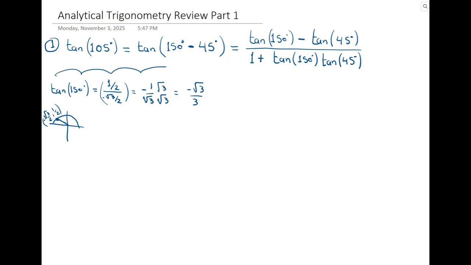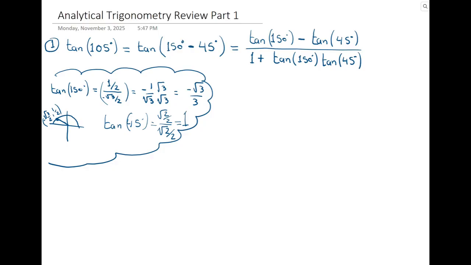So this was really just kind of a let's get ready. And we know that tangent of 45 is a nice and easy one. This is just going to be 1 because it's root 2 over 2 divided by root 2 over 2, which is equal to just 1.